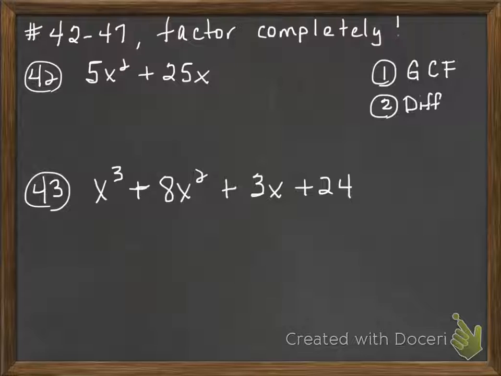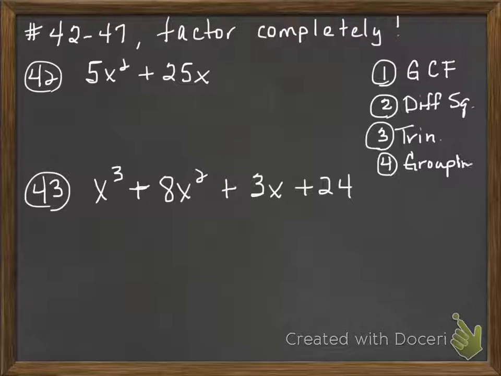That would be a binomial. We know how to factor trinomials, those that are easy and those that are hard. And we also know how to factor by grouping. The clue that we're factoring by grouping is our problem either has a common group in it to begin with, or it has 4 terms.